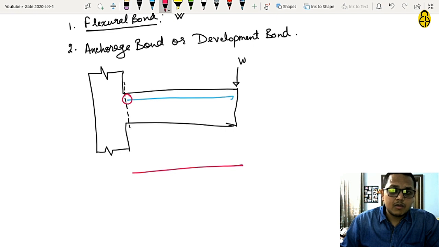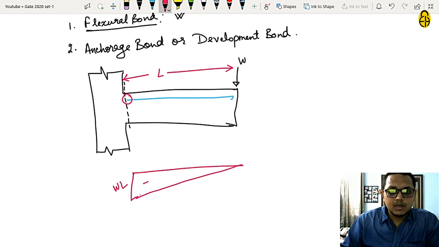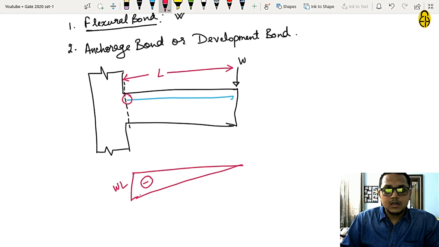So this is the bending moment diagram of the cantilever beam. Now, suppose the beam is of length L. So the bending moment will be maximum at the end of the cantilever, negative, because it will be hogging bending moment.